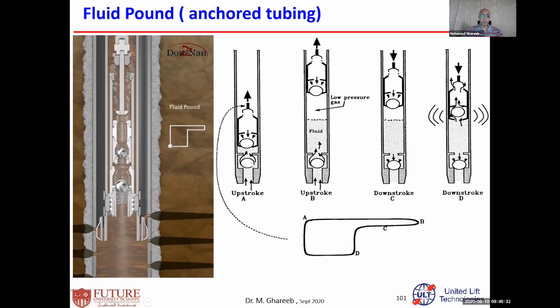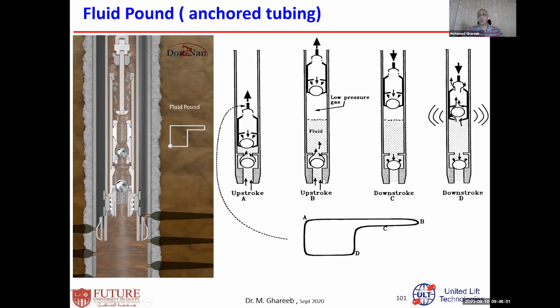Then once the traveling valve is closed and going up, the standing valve is open. While the traveling valve is going up, fluid goes from below the standing valve and fills the pump barrel. But at a certain point, as the traveling valve goes up, not enough fluid comes in, because the fluid at these pressures, the hydrostatic head above this, is just able to reach what we call the static point.